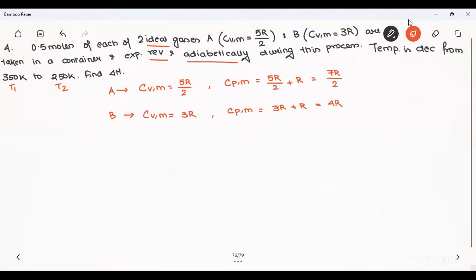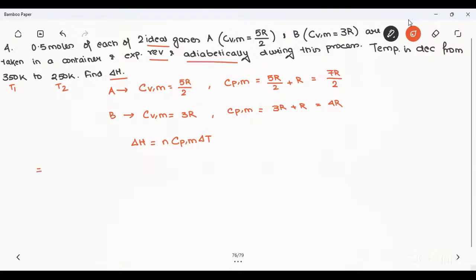Now they have asked to calculate delta H. What is the formula for delta H? n CPM delta T. Last class, I told you how to calculate CPM for a mixture. Remember?